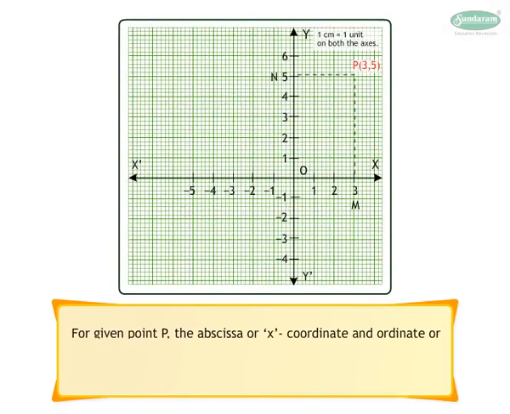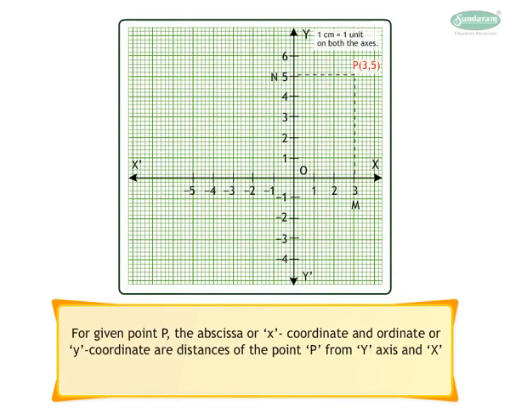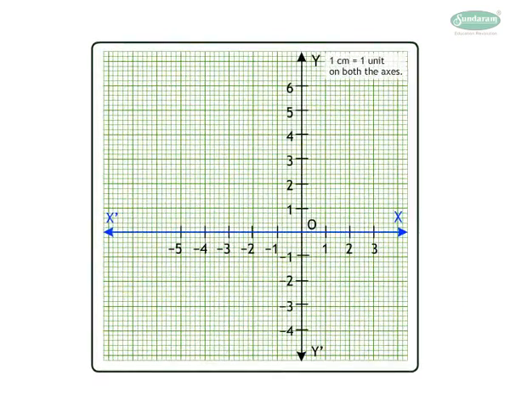For a given point P, the abscissa or x-coordinate and the ordinate or y-coordinate are the distances of the point P from the y-axis and x-axis respectively. Let X'OX and Y'OY be the coordinate axes and let P be any point in the plane of the paper.